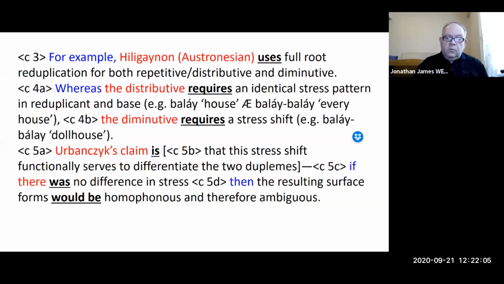Well, when you have Urbanchik's claim is, what follows it in 5b is in fact filling in the space that would normally be occupied by a noun phrase. It's a noun. What is Urbanchik's claim? That this stress shift functionally serves to differentiate the 2 duplemes.